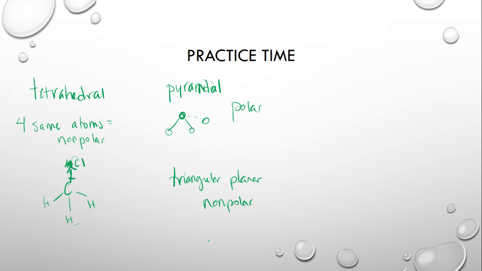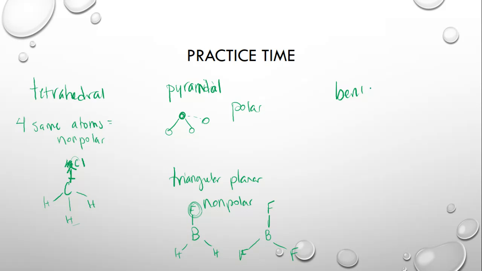Triangular planar could be polar if, for example, it was B, H2, and then F. This could be polar because the F is so much more electronegative than anything else on it. But if it was B with 3 Fs, then that would be nonpolar. The only way that these are going to be polar is if you have something that's very different from everything else.